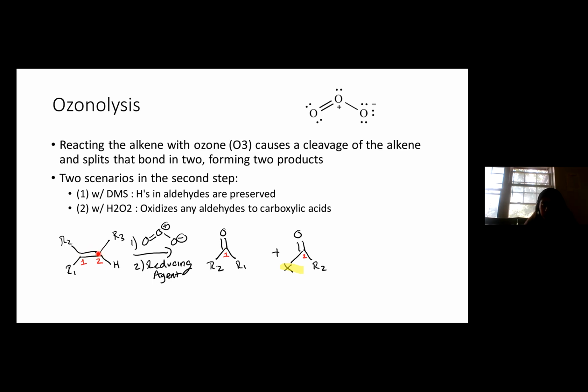Carbon number 2 is double bonded to carbon number 1, but instead, when it reacts, this bond is going to be cleaved and it's going to form a double bond with an oxygen right here. So that's carbon number 1, carbon number 2 right here, and they're attached to the same things, so that doesn't change.